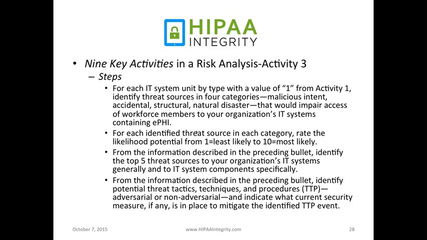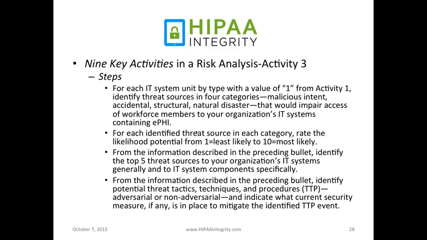Malicious intent would be from a workforce member, outsider, or terrorism. Accidental could be a workforce member, IT administrator, building contractor, or business associate if you're a covered entity. Structural could be electronic IT system equipment, temperature and humidity, electricity supply, or software. And natural disaster could be fire, flood, tornado, wind and hail, hurricane, or earthquake.